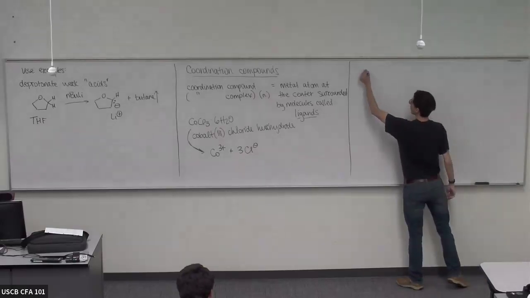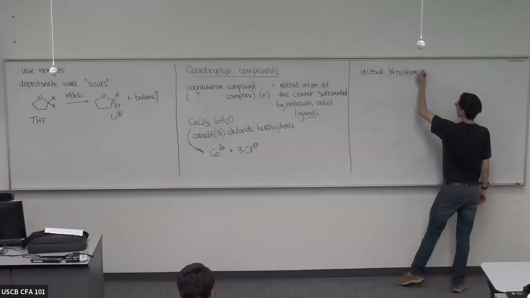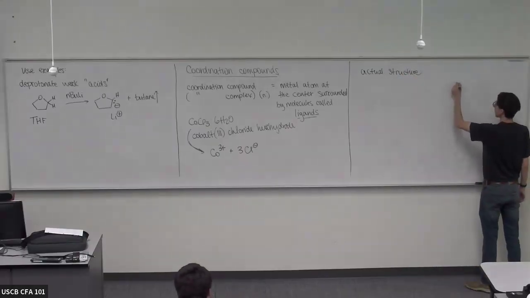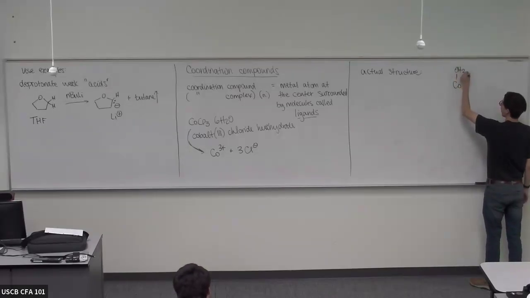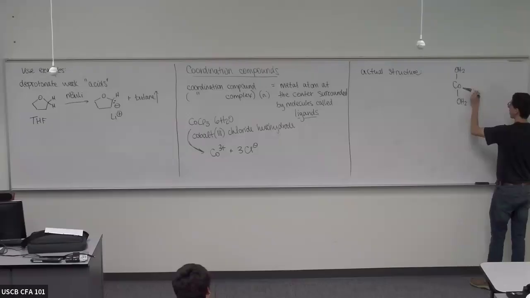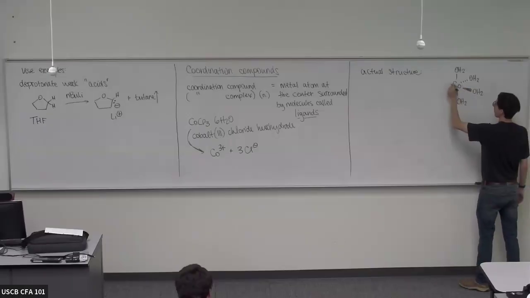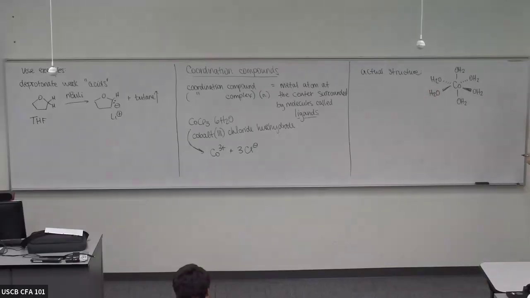So what we actually have is a cobalt atom in the middle, and surrounding it are those 6 water molecules it's associated with.